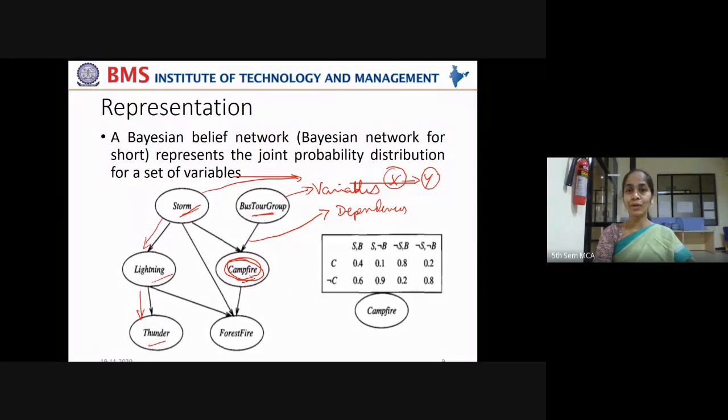Now, did you notice one thing here? Some variables are dependent on each other and some variables are not dependent on each other. Lightning and campfire are not at all dependent on each other. Thunder and forest fire are not dependent on each other, right? But storm and campfire are dependent. Bus tour group and campfire are dependent. So what did we understand?